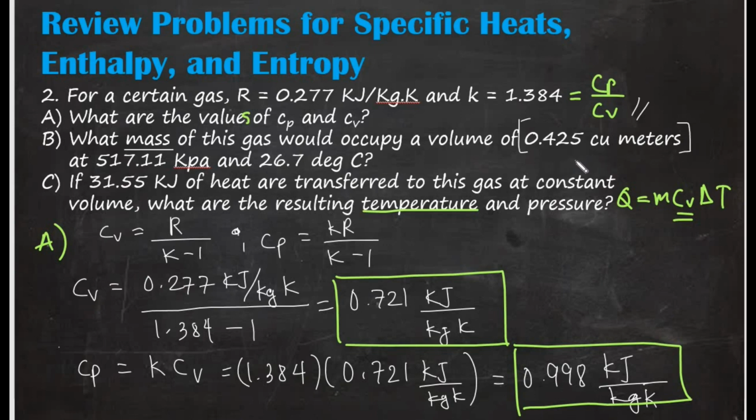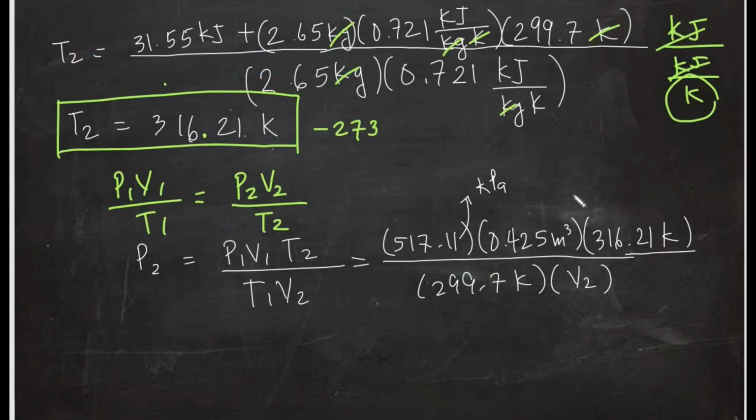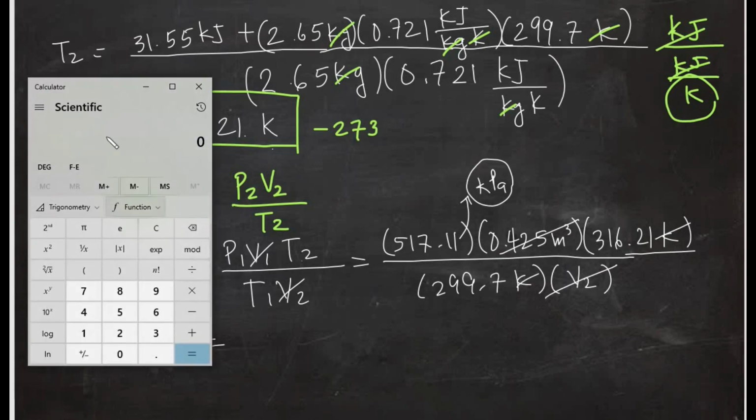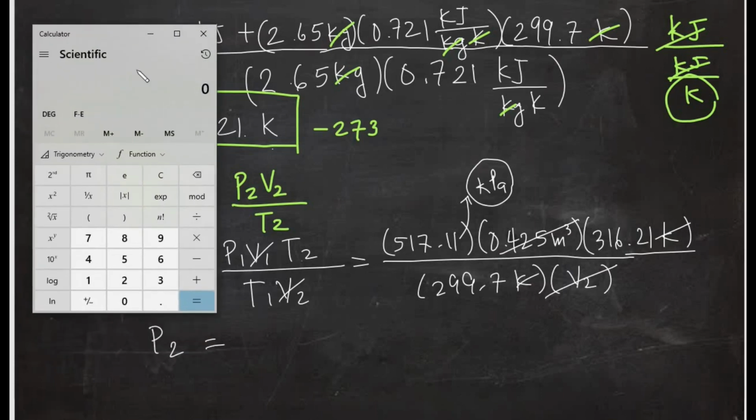It signifies that the volume is constant already because the gas would occupy this certain volume. So therefore, volume is constant. V1 is equal to V2, so we can go ahead and cancel that out. Cancel Kelvin, and the final unit here is kilopascals. So we must understand and read the problem for thermodynamics very carefully.